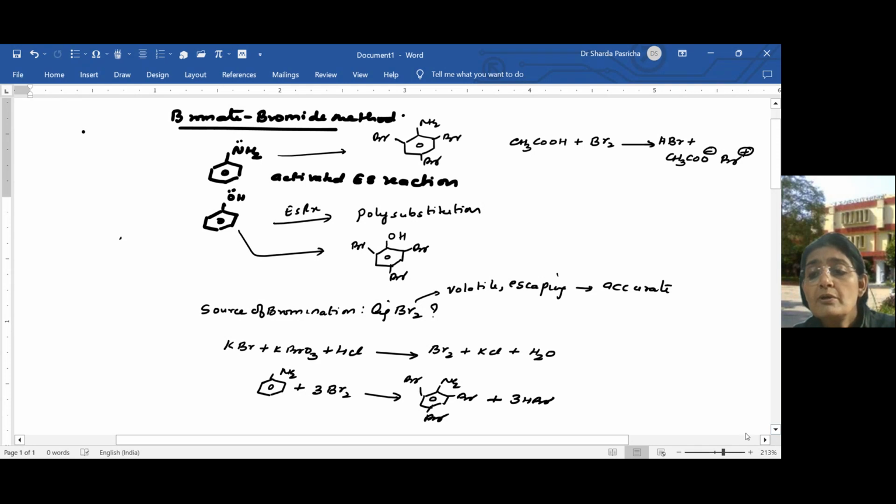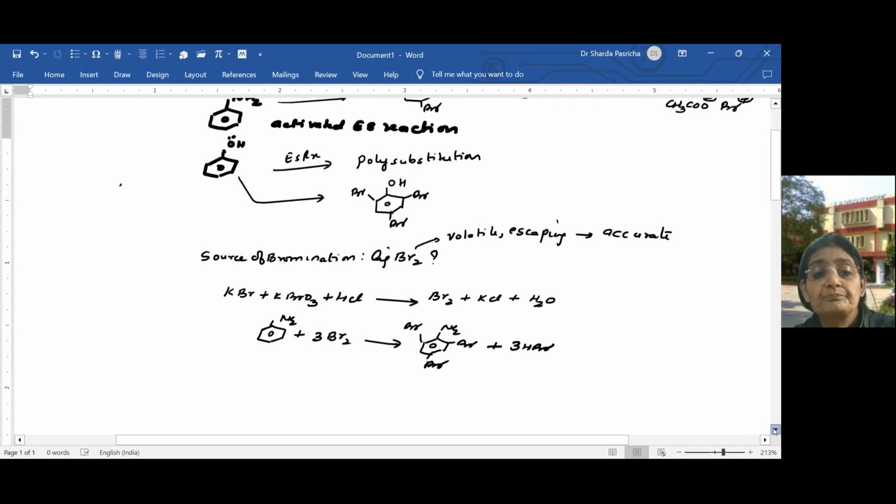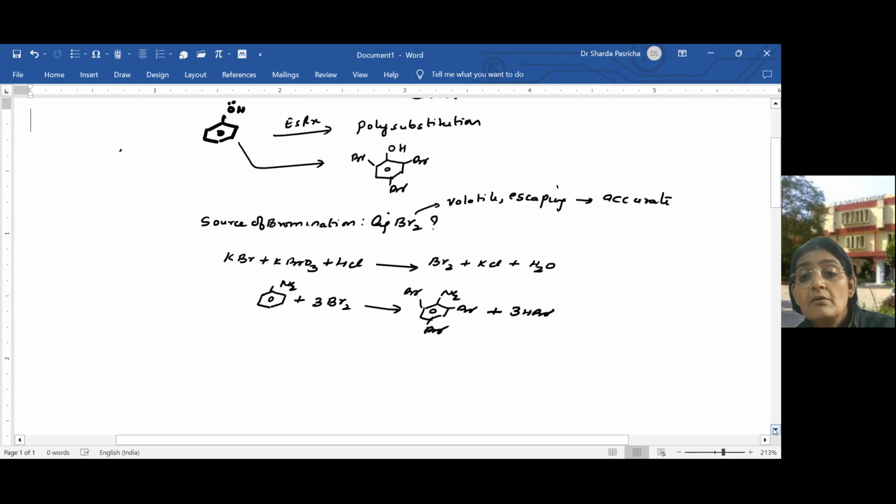Important thing here to note is that 1 mole of aniline here will require 6 gram equivalents of bromine. That is the important thing to remember from this.